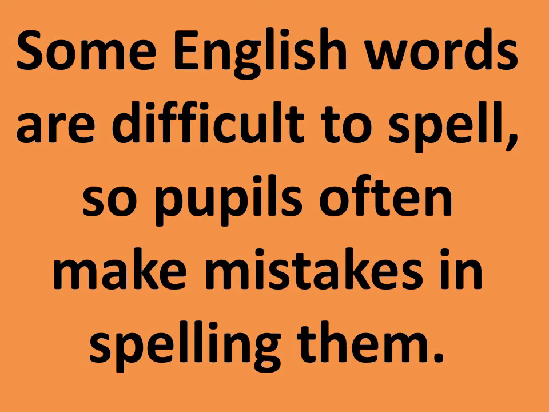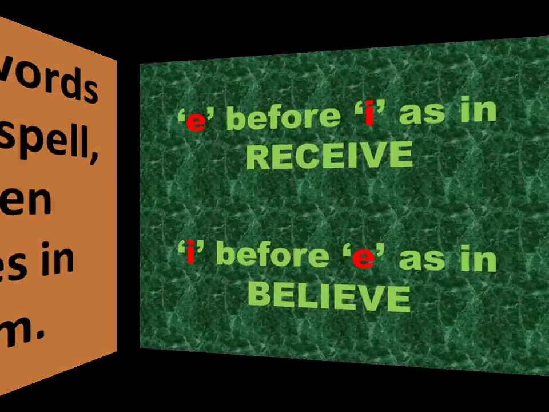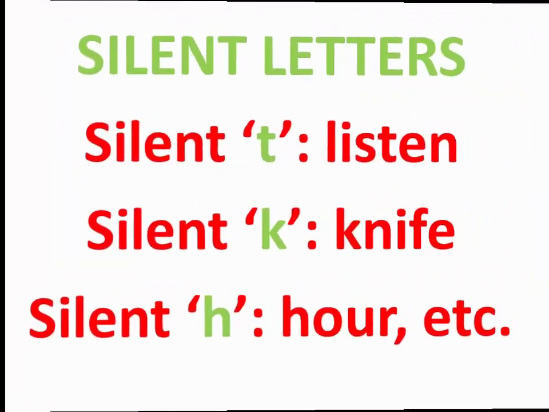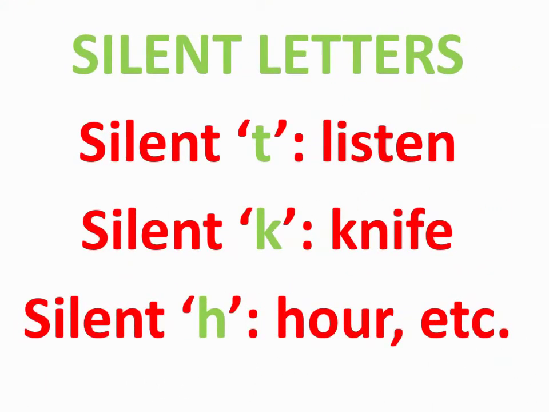The truth is that some English words are difficult to spell, and so pupils often make mistakes in spelling them. For example, it is sometimes very difficult to know when to spell E before I, as in receive, or when to spell I before E, as in the word believe.